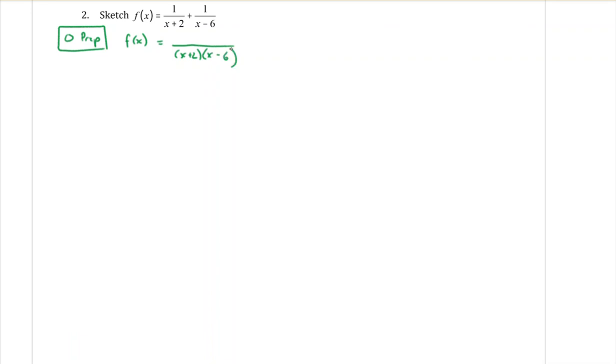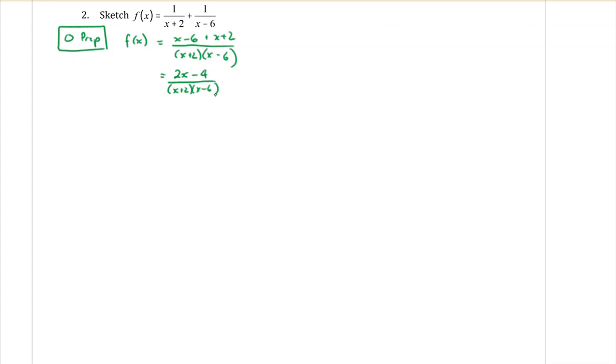That means the first fraction I have to multiply by x minus 6, and the second fraction I have to multiply by x plus 2, and I pushed them together already. Makes things easier. Collecting up the top, I have got 2x minus 4 over x plus 2, x minus 6.